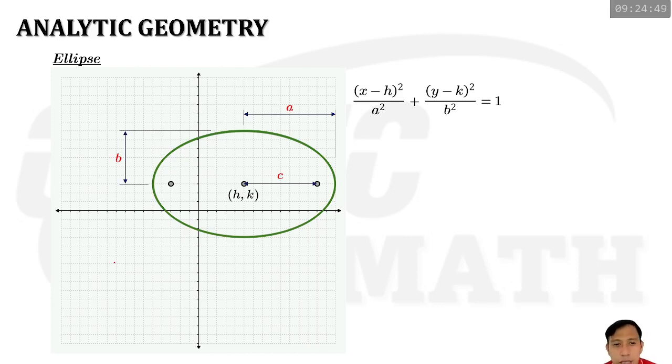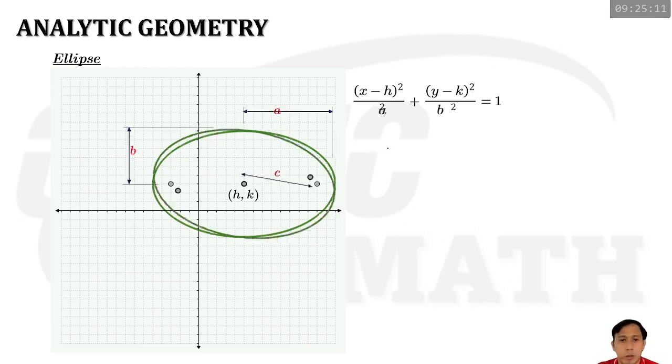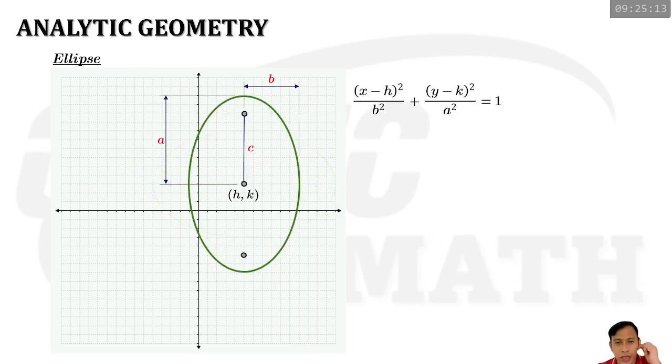For example, in this case, yung longer dimension is along x direction. So, nasa denominator ng x yung a squared. Yung shorter dimension, yung b is nasa y, no? Vertical. So, nasa denominator ng y yung b squared. Okay?